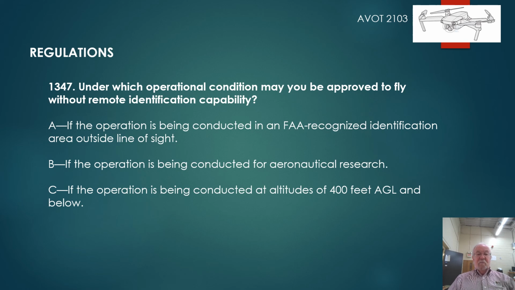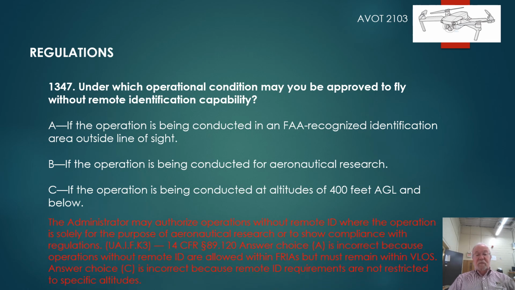C, if the operation is being conducted at an altitude of 400 feet above ground level and below. No, I think after the date of compliance, everybody's got to fly. That would be everybody. So C, no, that doesn't seem quite reasonable, so it's got to be B. Process of elimination for some of these questions, and that's what it is.